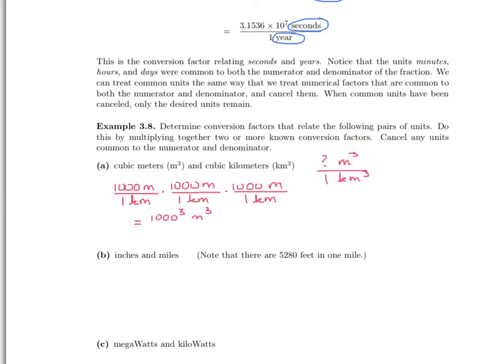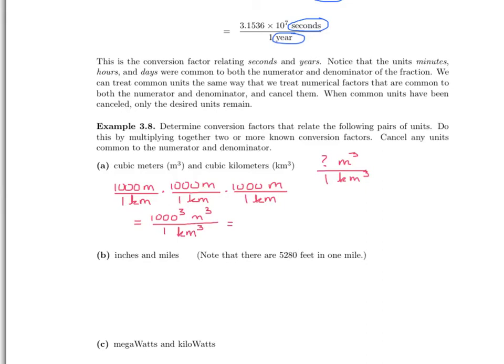In the denominator, we will end up with kilometer times kilometer times kilometer, or kilometers cubed, which is what we wanted. Also in the denominator, we'll have 1 times 1 times 1, which of course is 1. So we end up with 1 kilometer cubed.